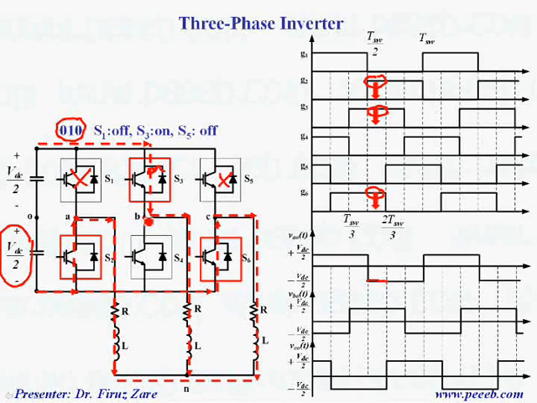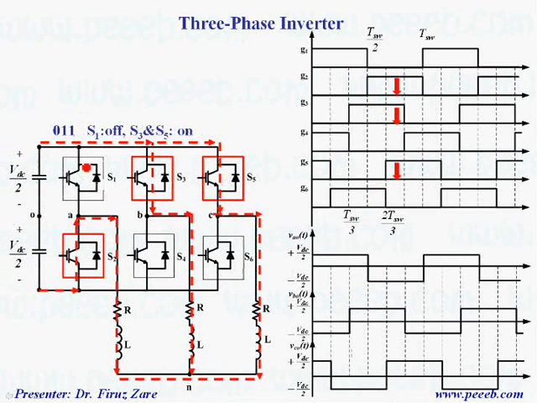Leg B is connected to this point, that's why the output voltage with respect to this point is plus VDC over 2. And leg C still is connected to this point, that's why this voltage with respect to this point is minus VDC over 2.